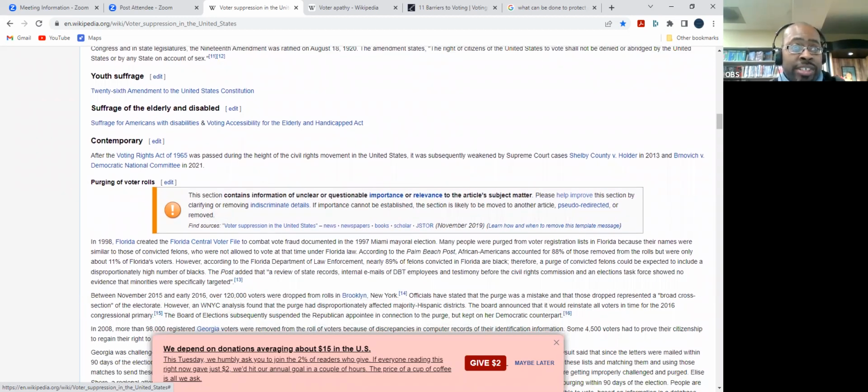The Voting Accessibility for the Elderly and Handicapped Act, of course, was passed, dismantling barriers for those who are senior citizens or disabled, for easy access to vote.